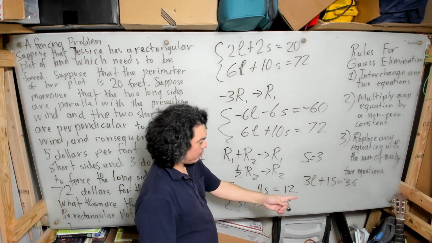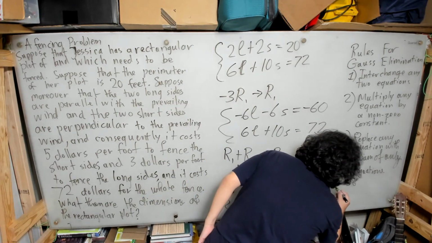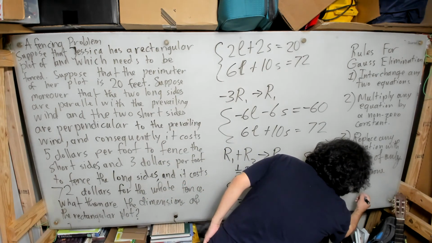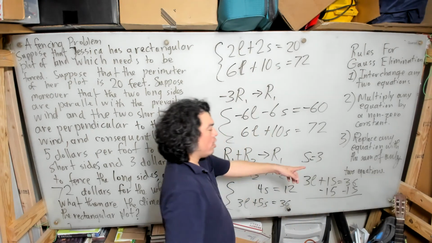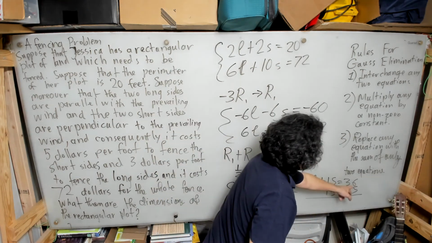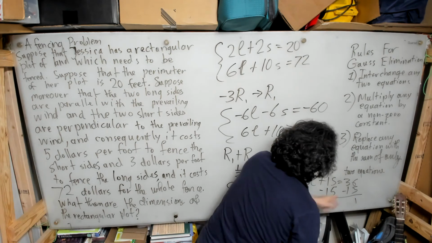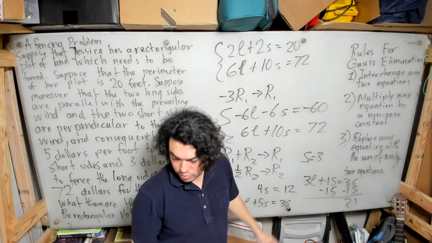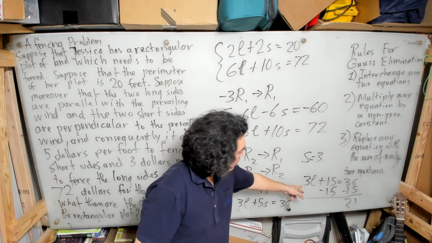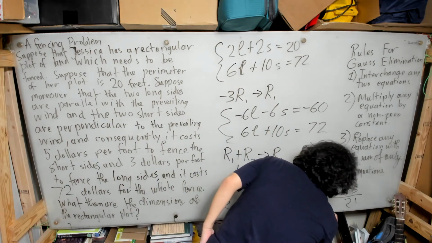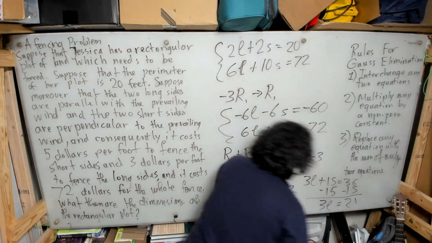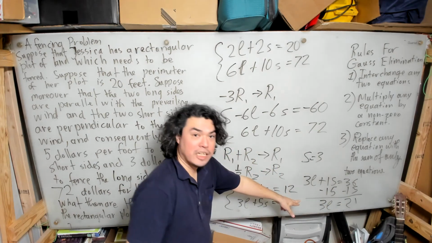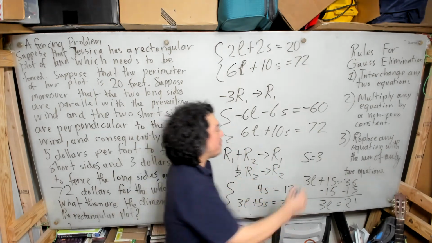I'm going to subtract 15 from both sides. 36 minus 15 is 21, so I'm left with 3L on the left. And then if I divide both sides by 3, I get L equals 7.